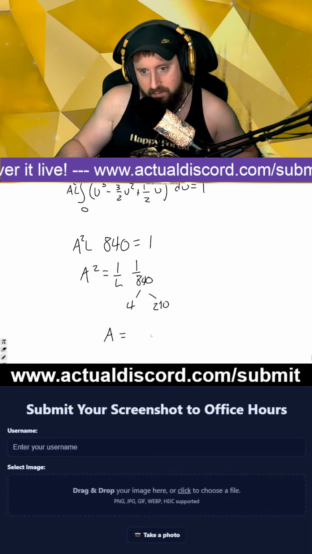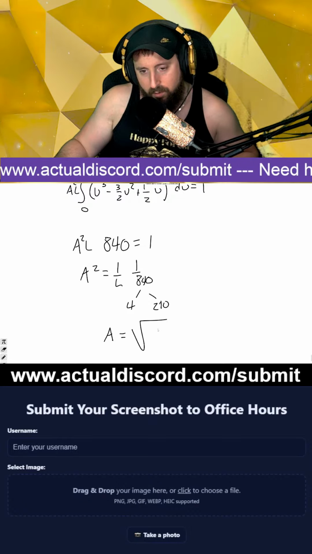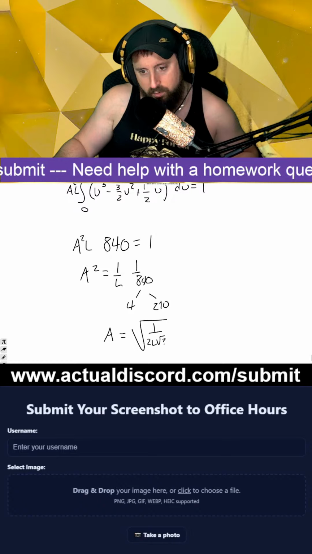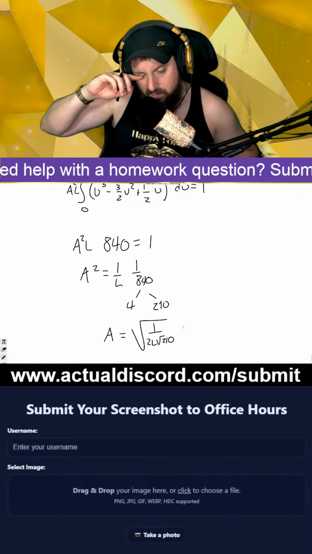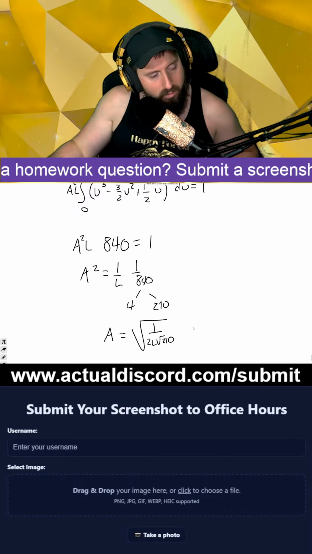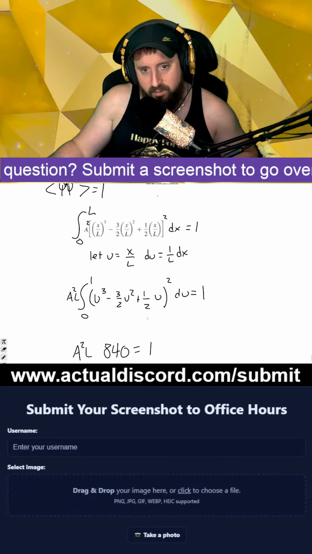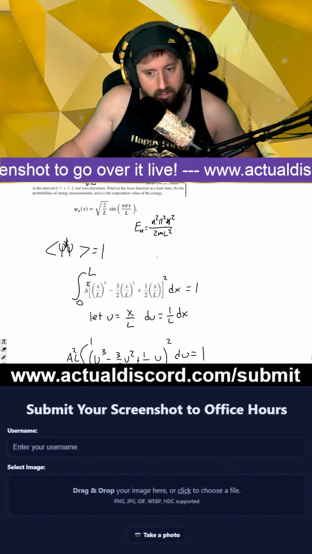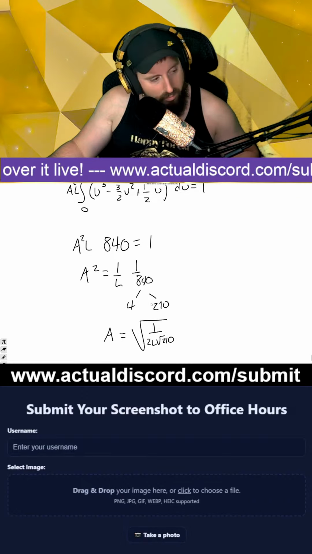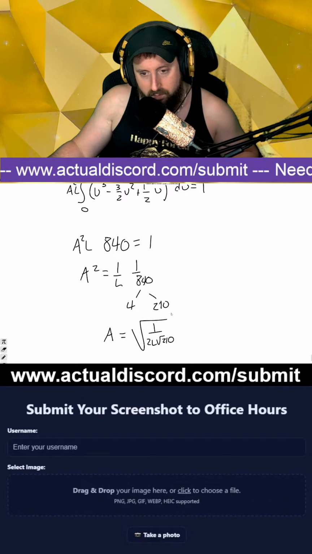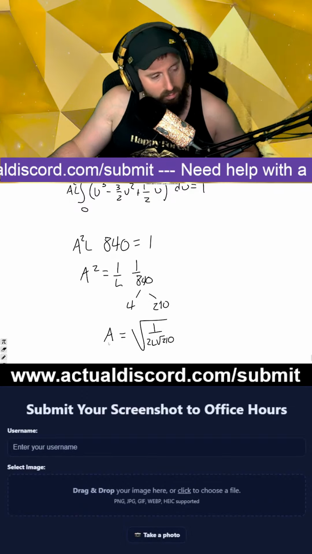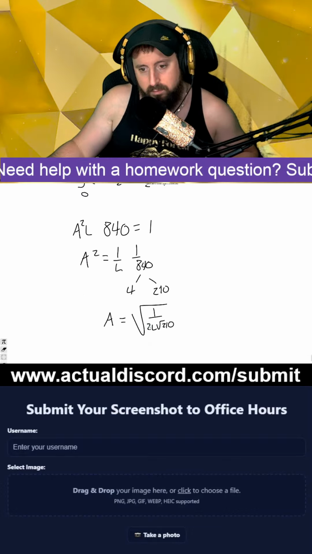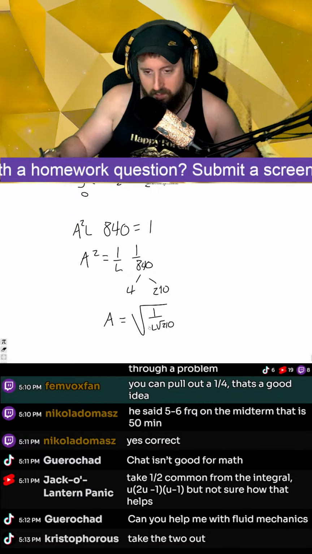So A is equal to the square root of 1 over 2L square root of 210. I think, did I do that right? A squared L. Take the 2 out. Fine. Take the 2 out.